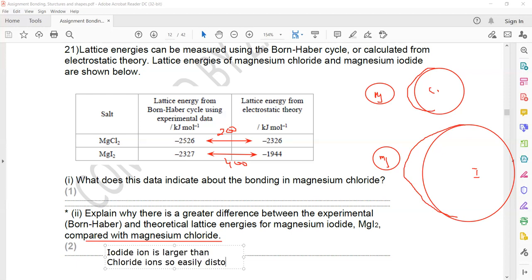You can say easily distorted, or you can use the word polarized. The distortion of the ion depends on the size of the positive ion, which should be small, the charge of the positive ion, which should be big, and the size of the negative ion should also be larger.